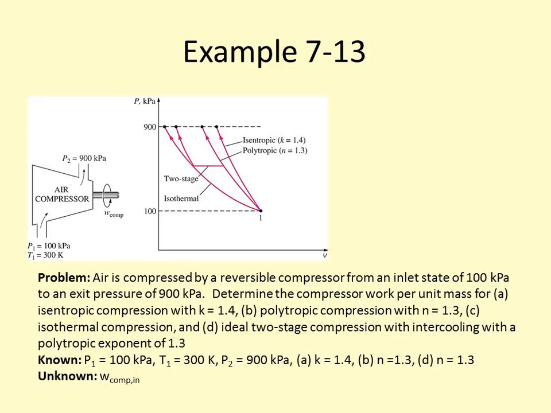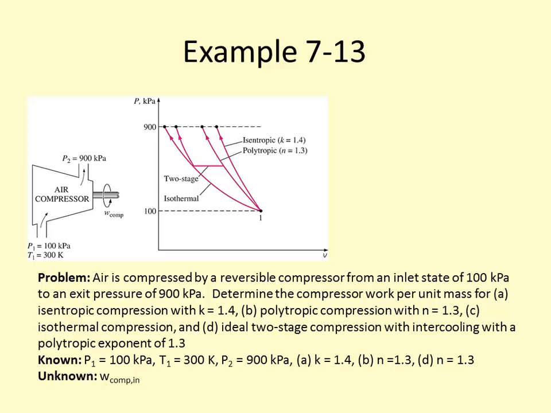So we need to determine our intermediate pressure. So Px is equal to the square root of P1 times P2. This is the intermediate pressure that will minimize our compressor work. Yeah, I might have said something different.